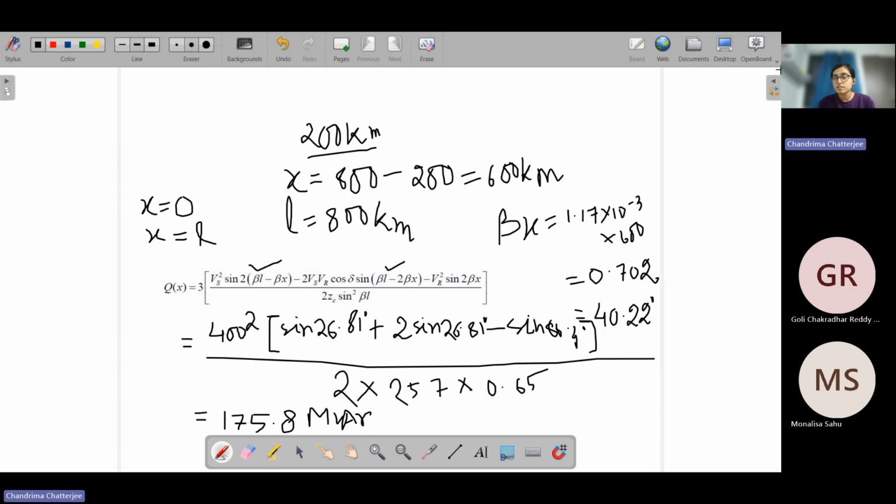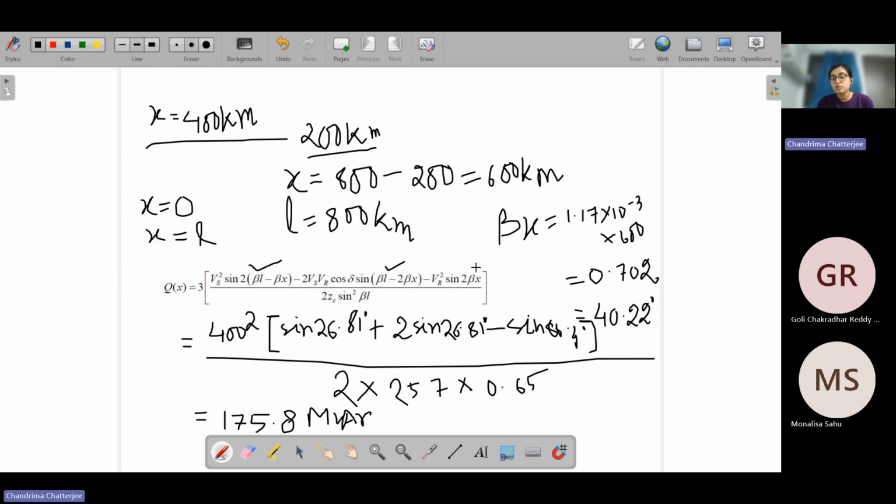Now they have asked that you find out the reactive power at x equal to 400 kilometer. And the line length here they have given 800 kilometers. So this point is exactly in the mid portion of the line.